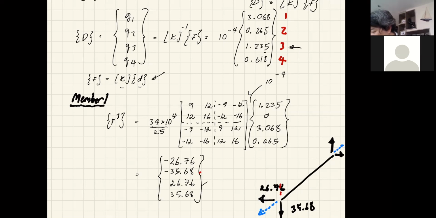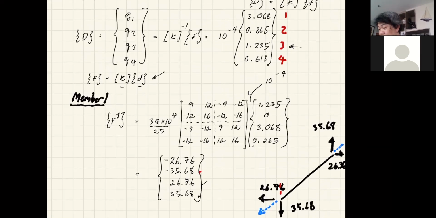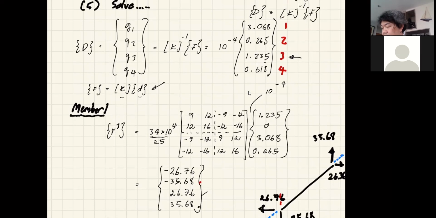Go to the right, this one, right? 26.76, and the last one, 35.68, it's positive, so it goes up. So that's your member number one. We can do the same for member number two, okay? Member two.